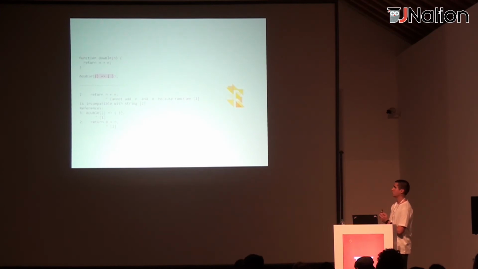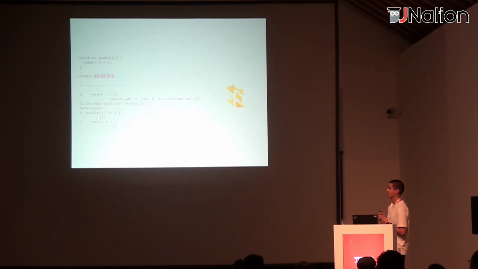But what if we try to create a function that takes one argument and returns that same argument added to itself? And then we try to call that function with an incorrect argument, such as another function, because you can't add functions to themselves. Flow will error when you call the function, because it will say that this is not a valid argument.